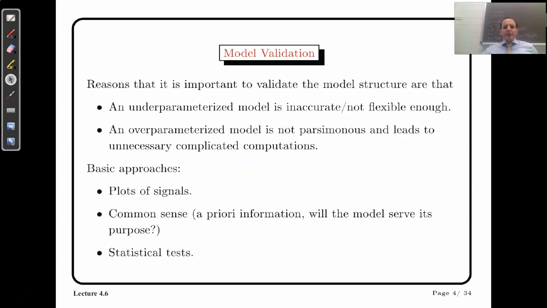The reason behind these principles is that it is important to validate a model. Because as we saw in the previous, I just sketched this as a picture.